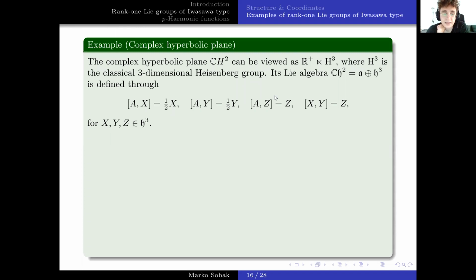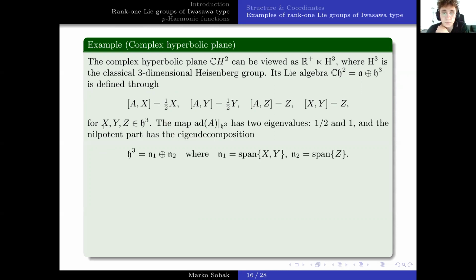We have four basis elements: the basis element A, which spans this one-dimensional part A, and then X, Y, and Z. These span the Heisenberg algebra H3, and you can see that from this last commutator relation, which is basically the usual commutator relation for the Heisenberg algebra. And then these other three commutator relations tell you that A, X, Y, and Z are supposed to be eigenvectors of the adjoint representation of this fixed element A, and you want them to have eigenvalues 1/2, 1/2, and 1 respectively.